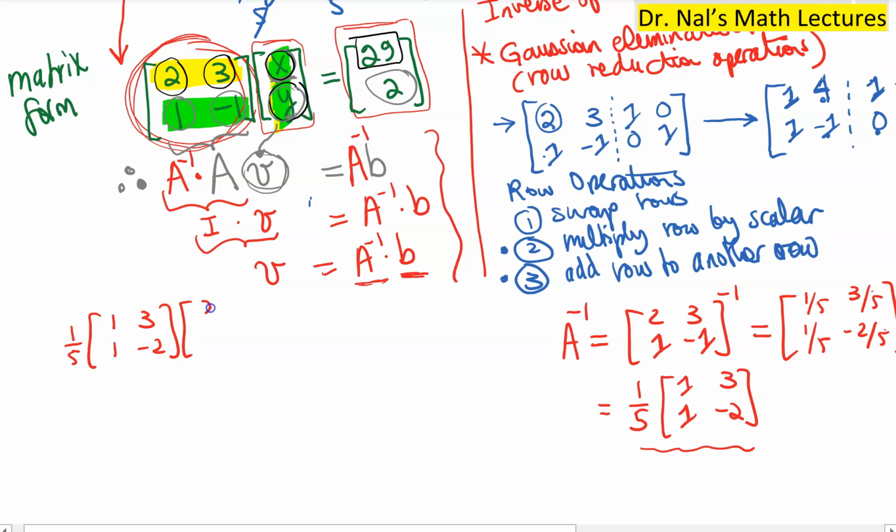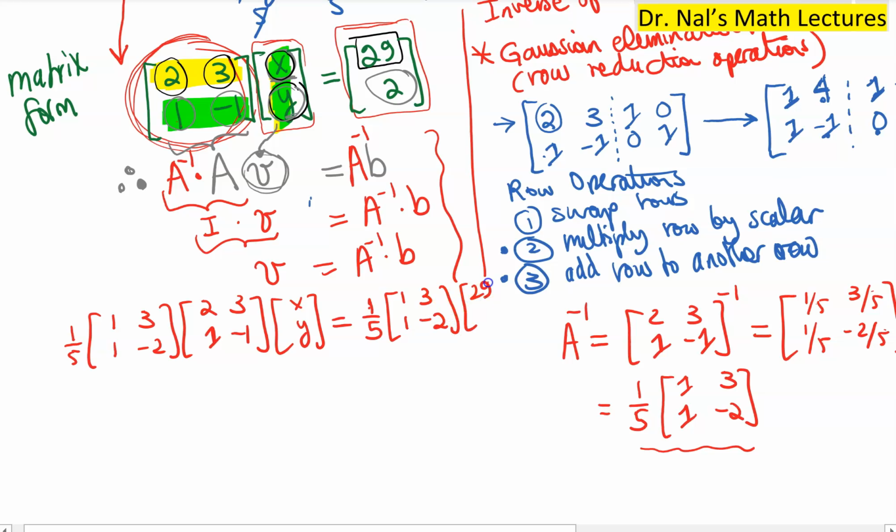And I have the original 1, 2, 3, 1, -1, and we still have the xy vector. And on the right hand side, we do the same thing. Oops, I forgot the 1/5. On the right hand side, we also multiply the 29, 2 vector by that same thing, and we keep that 29, 2.